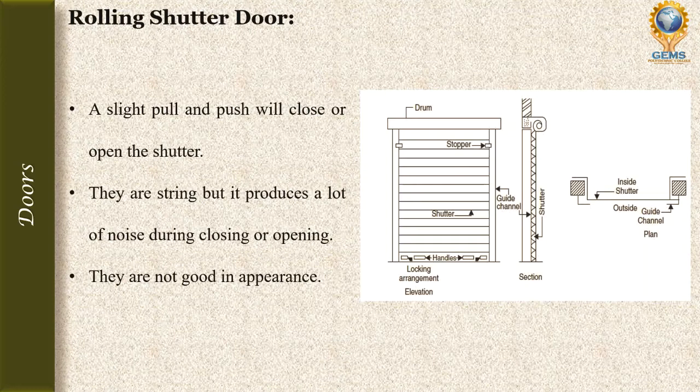They are strong, but they produce a lot of noise during closing or opening, and they are not good in appearance also. So we won't give these shutter doors in any beautiful building. That's why we give them in shops or garages.